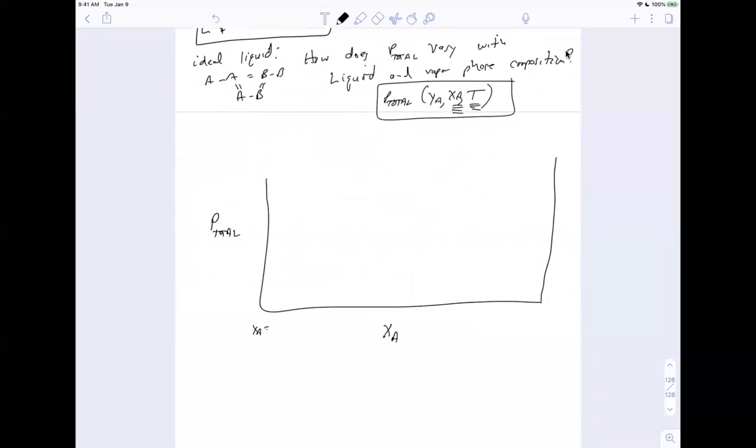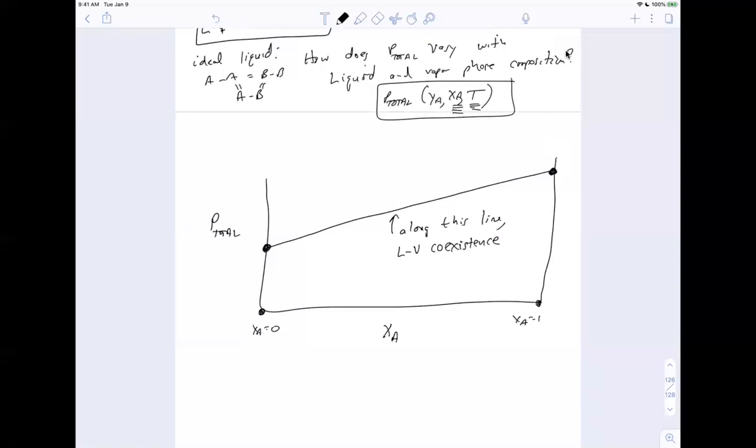And so if we say that XA is 0 here and XA is equal to 1 here, we saw that the total pressure curve, and it turns out to be linear, it's a line, is this, okay? And so anywhere along this line, we have coexistence of liquid and vapor phases, okay?